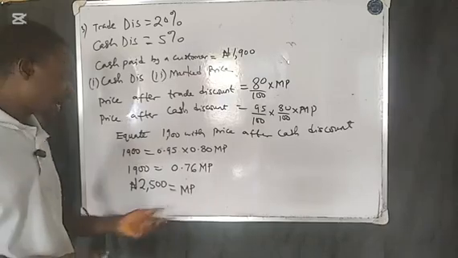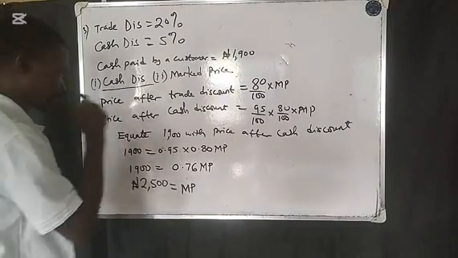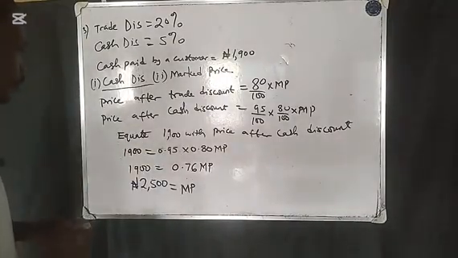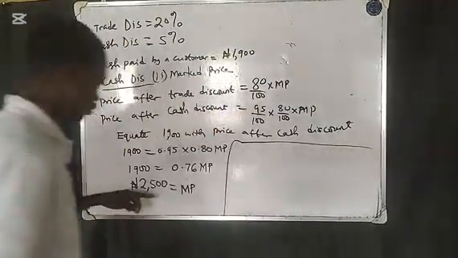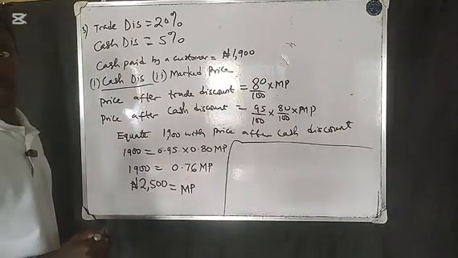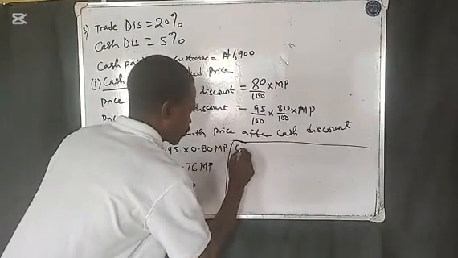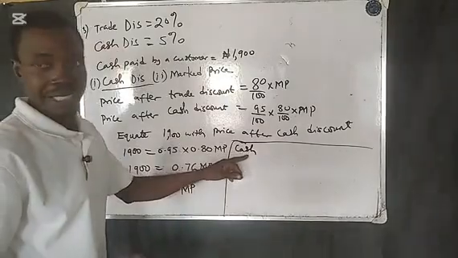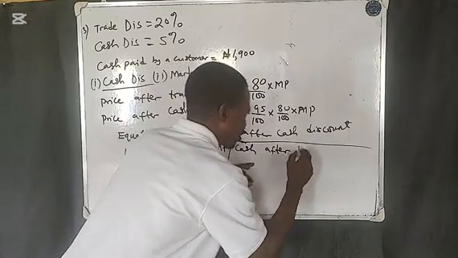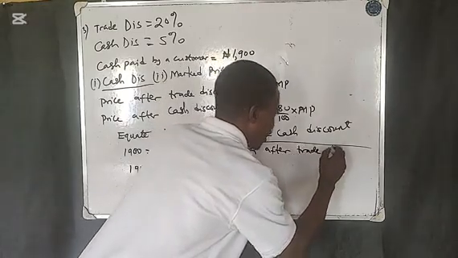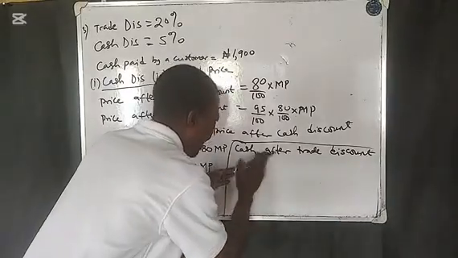Okay? Now, how do we know the cash discount? Where is it? Let's start from the beginning. The marked price at that time is what? 2,500, right? Now, let's find the price after trade discount.